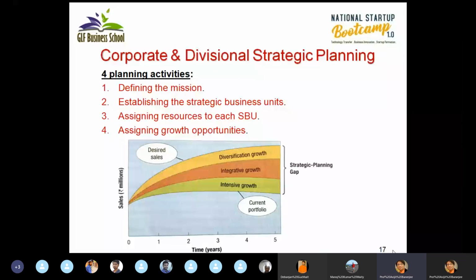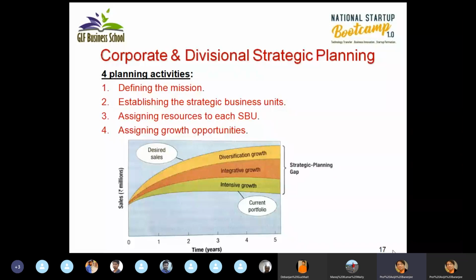A business can define itself in terms of three dimensions. Please note these three dimensions. One is the customer group. The second dimension is customer needs. And the third dimension is technology.